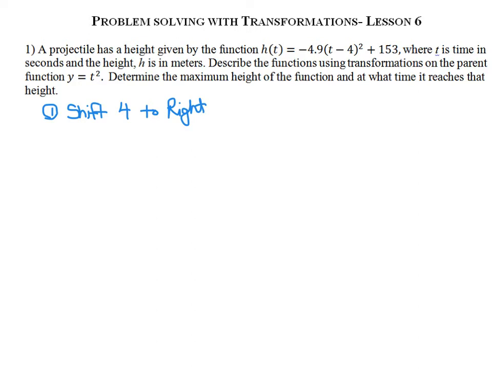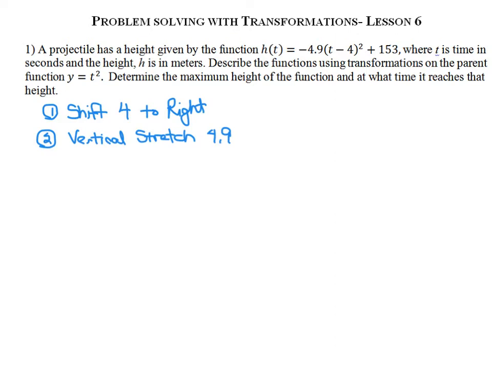Next, I'm going to take a look at the coefficient of t minus 4 squared, and I see that that's 4.9. So when I'm multiplying my variable times 4.9, that means that I've got a transformation that's a vertical stretch. And again, make sure you're always telling which direction and how much. So this is a vertical stretch of 4.9.